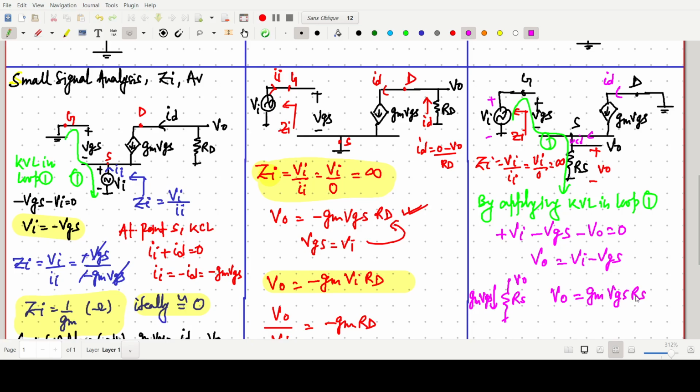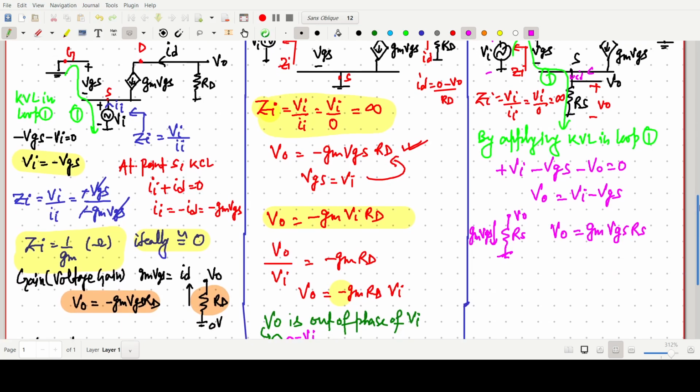It is grounded. So we can write V naught equals gm VGS, the current, into resistance RS. So V naught equals gm VGS into RS. This was equation number 1, and this is equation number 2.